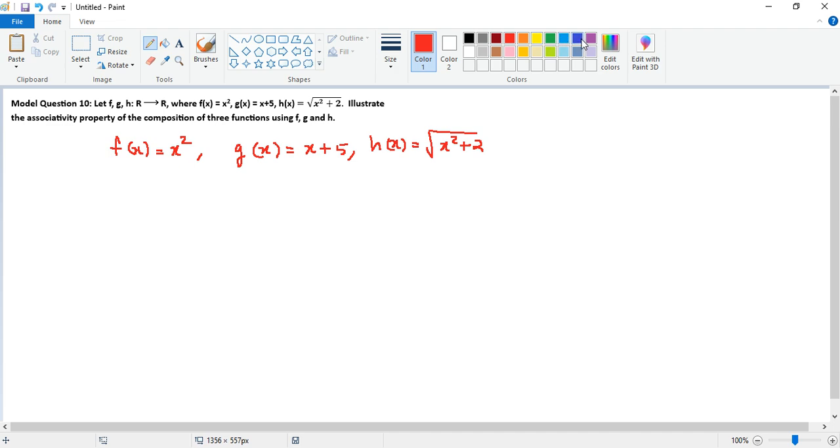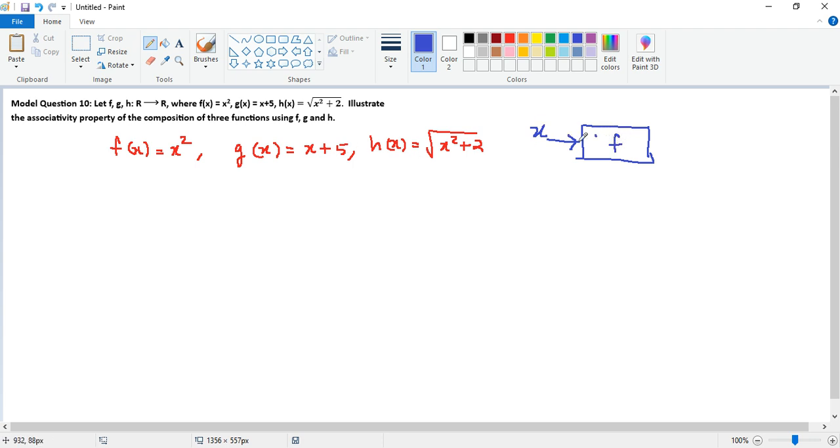So, what a function actually does is this. If you give some input, like in this case x is the input, a function can be represented using f, g, h, or any of those alphabets.